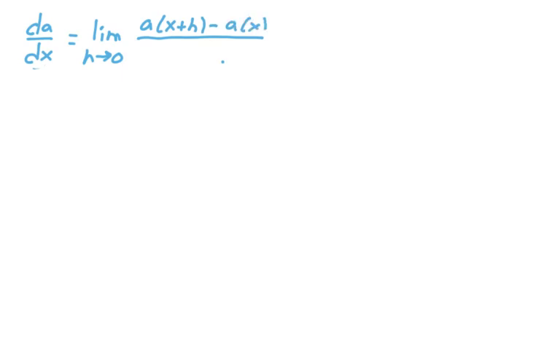Now, dA/dx is the limit as h approaches 0 of A of x plus h minus A of x, all divided by h. Now, the units for the numerator are pounds per foot.